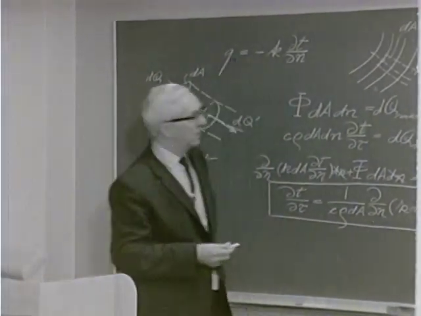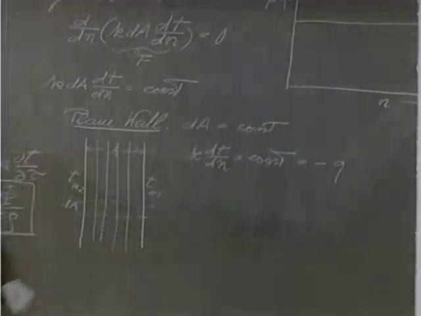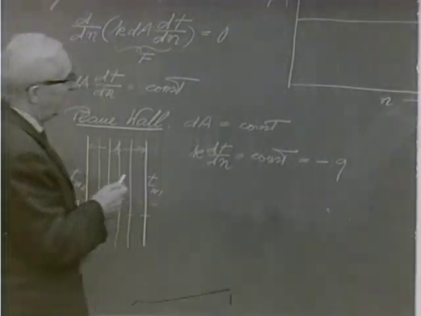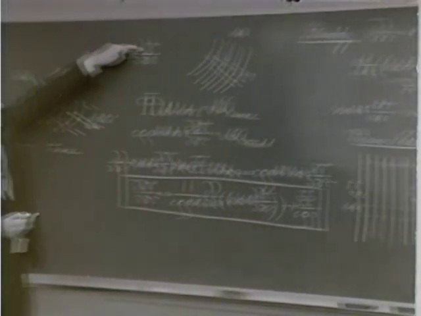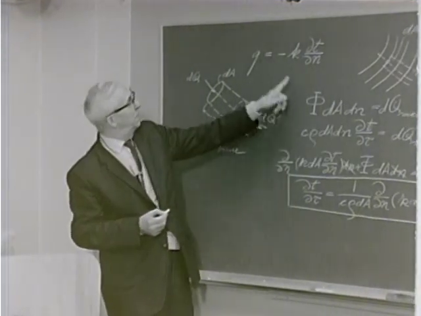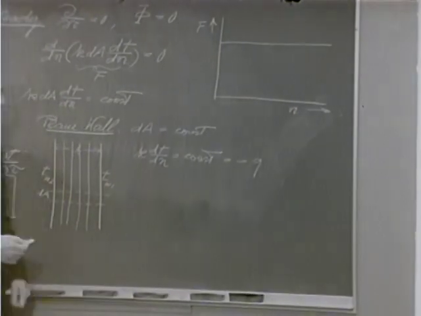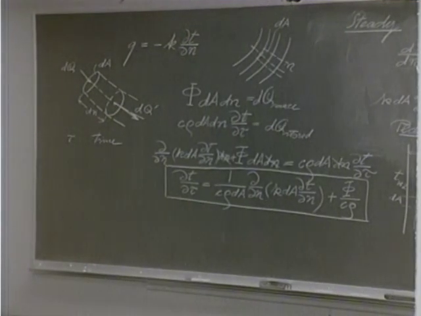The meaning of the constant is just minus q. So really just from our energy equation, or from our heat balance equation, we come back by this consideration to Fourier's equation.